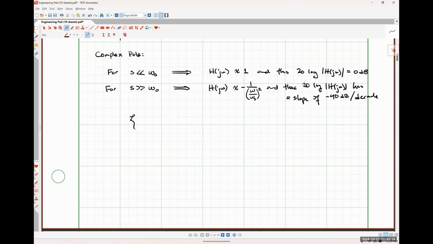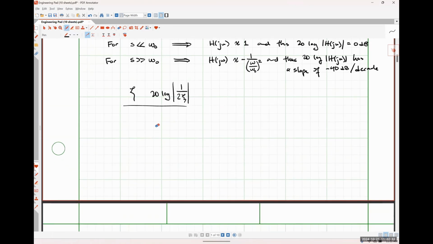If we put our damping coefficient on the left and then 20 log of 1 over 2 times our damping coefficient: when we have a damping coefficient of 1, we should get -6.02 decibels of correction.